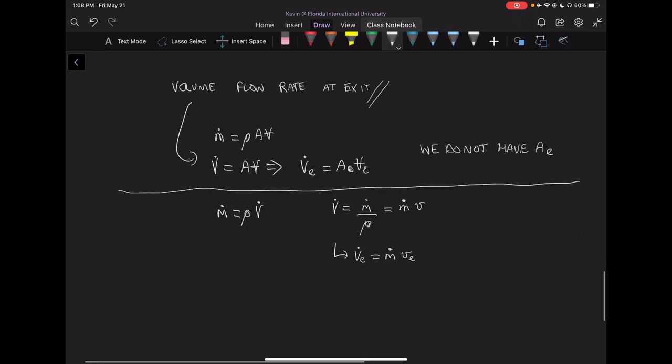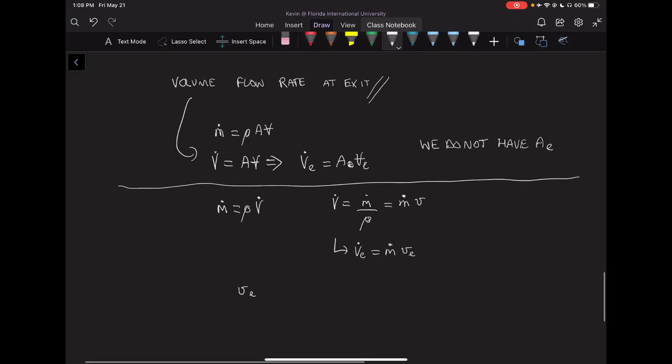And so we can find the specific volume v_e at the exit in the same way that we found h_e. We go to our tables, we have our pressure and temperature, we know that we have a superheated vapor, and then we find v_e at the exit by interpolating between 300 and 400 degrees. And we get that v_e at the exit is equal to 0.74334 kilojoules per kilogram.